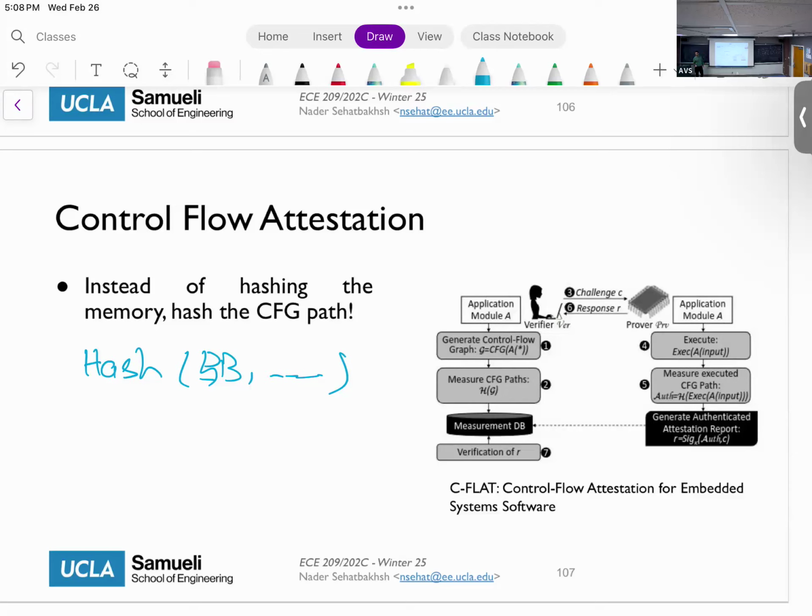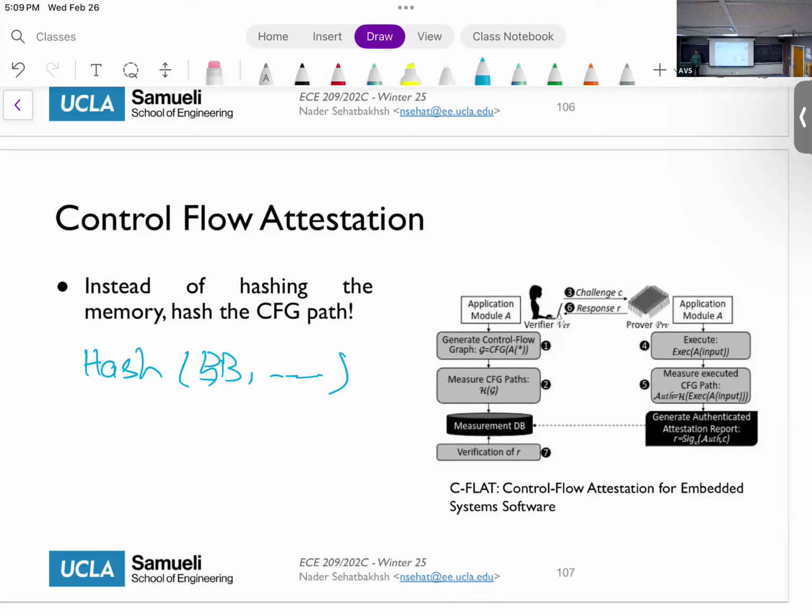What I can do is that instead of hashing the memory, I'll hash the basic blocks. I say that, okay, this is the first basic block that I passed, this is the second basic block, this is the third basic block, and I send that hash back to the verifier. Now the verifier can check which basic blocks have been traversed in this execution, and see whether this is a legitimate traversal, or whether some basic blocks have been visited that shouldn't have been, okay?